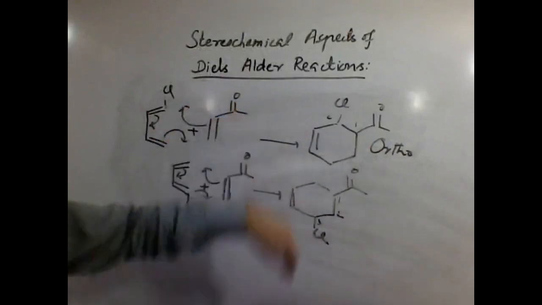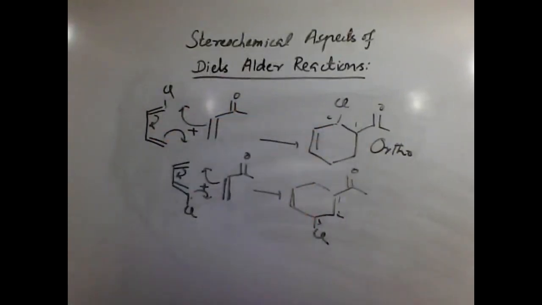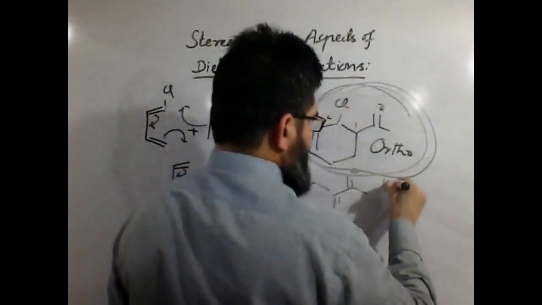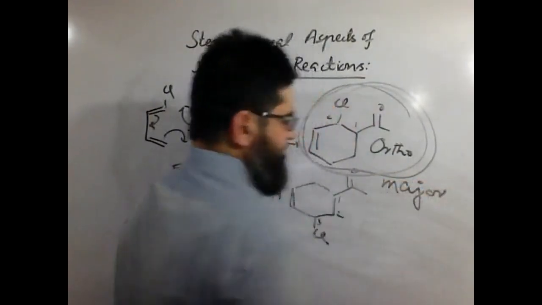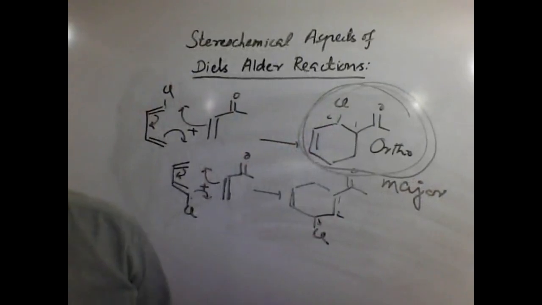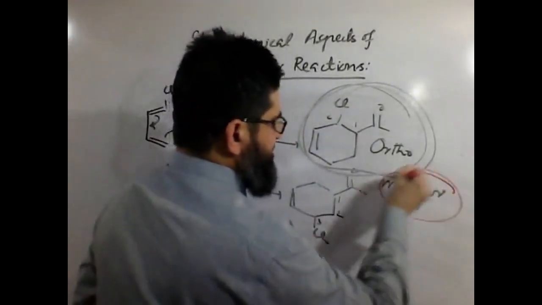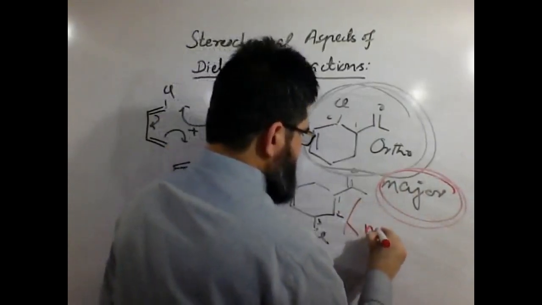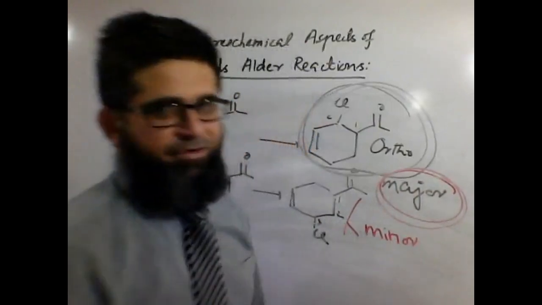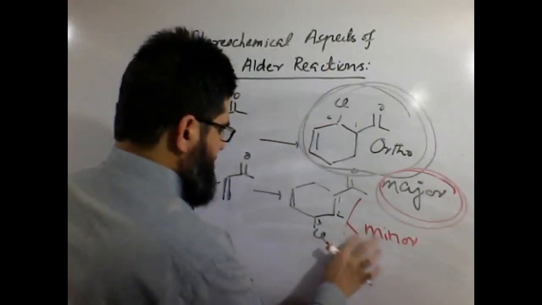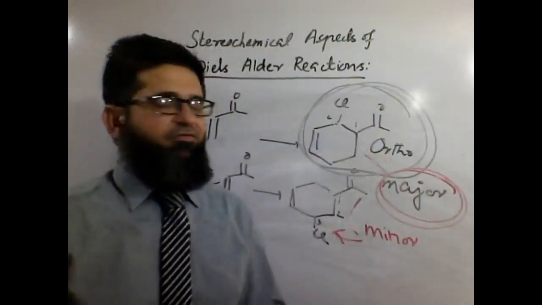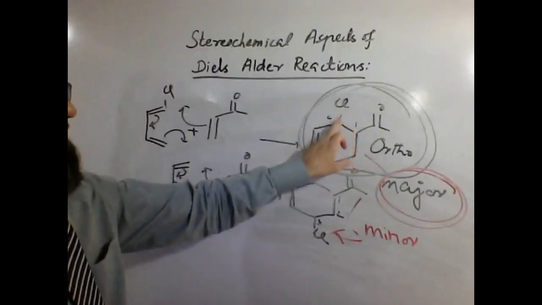Under these circumstances, if two products are possible by the reversal of one of the reactants, then the ortho one is supposed to be the major product. I could highlight it. It is the major, and this will be considered the minor product, the one where chloro is closer, on carbon number 2.